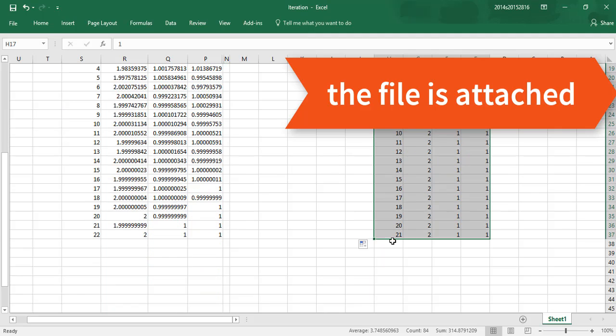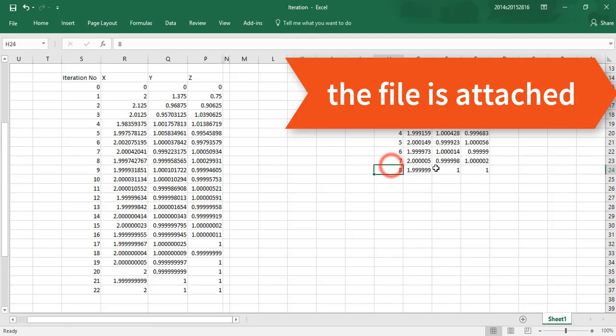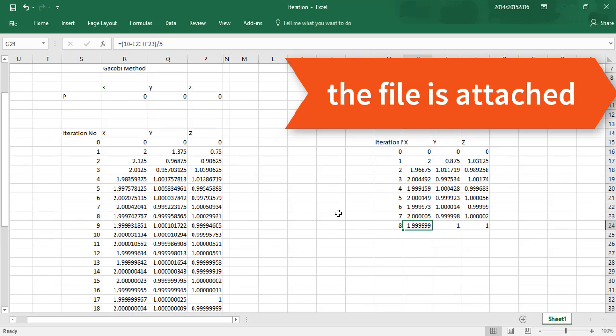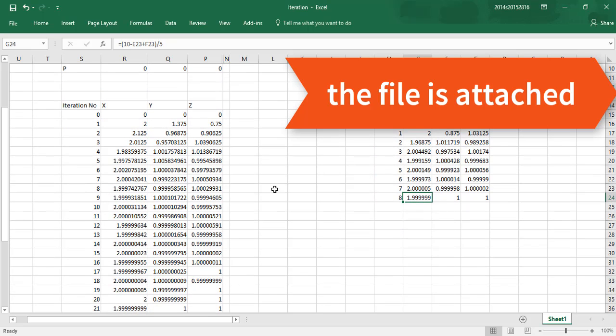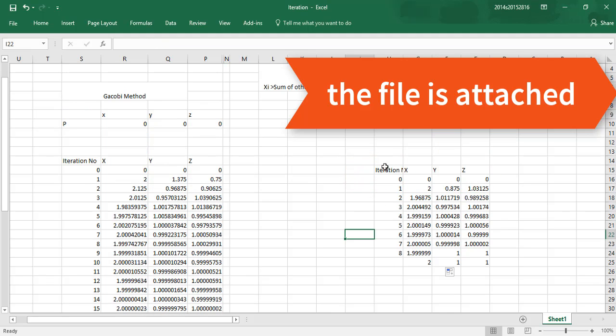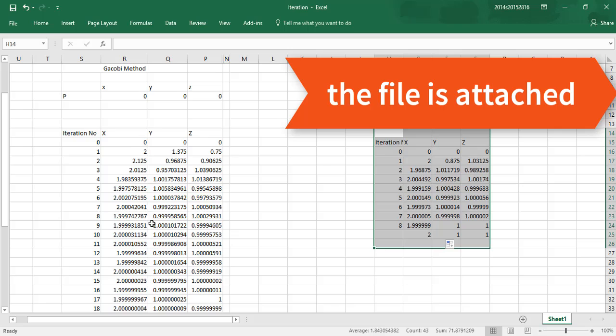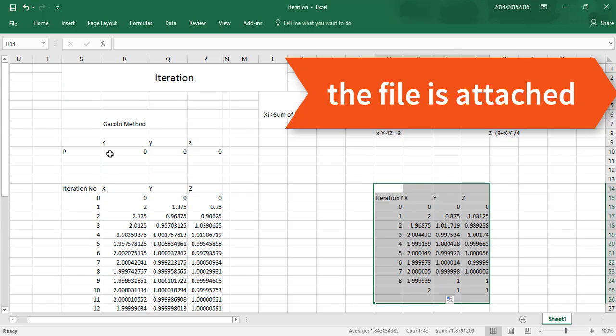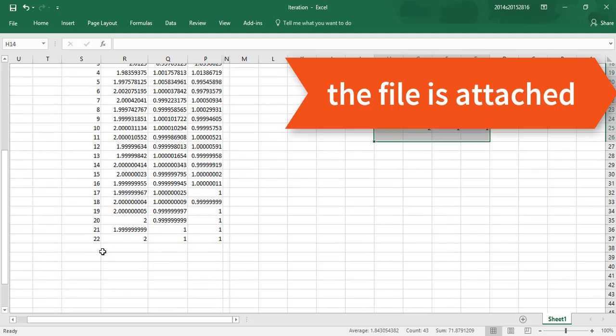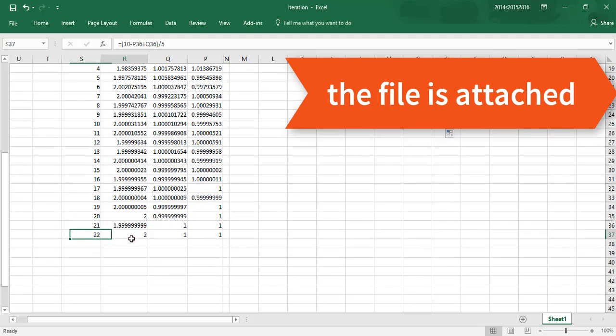But as you see here, we will note that the exact value will appear early in Gauss-Seidel iteration, while in the Jacobi method the exact value appears later.